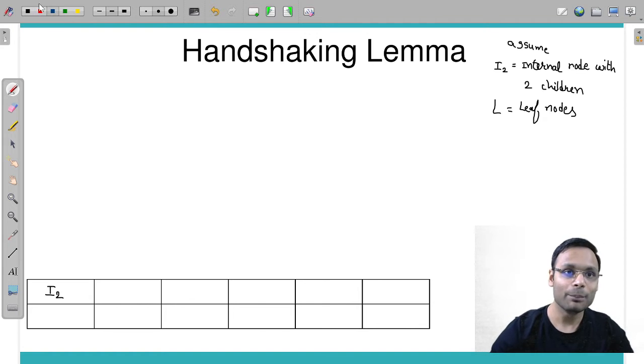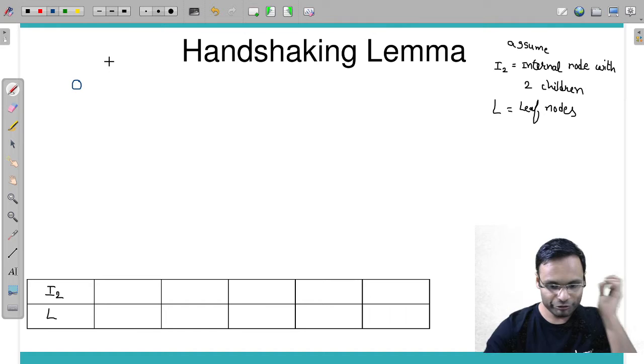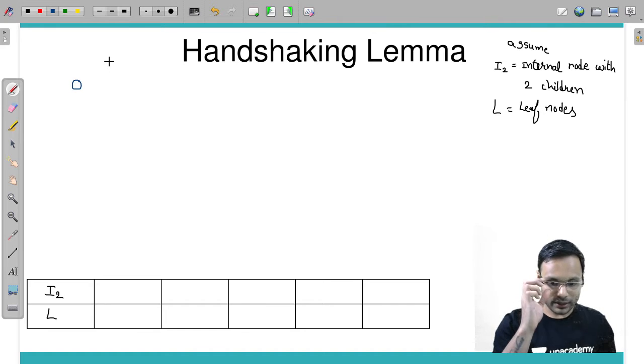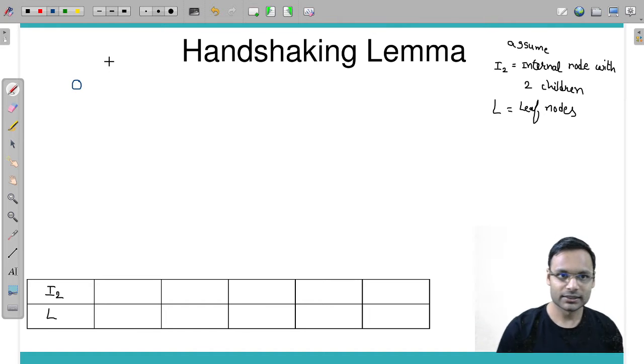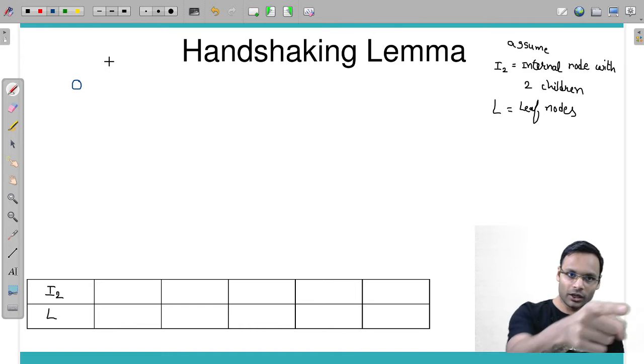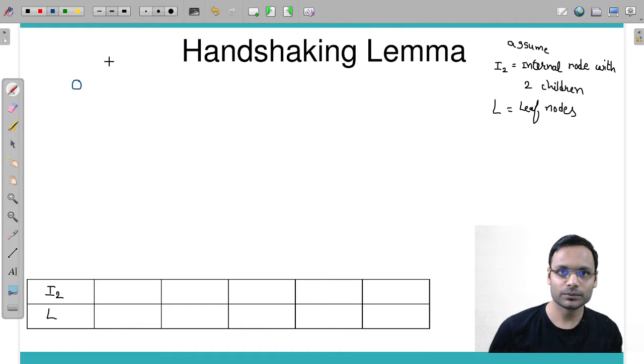Let's start with the base case, when we have a single node. If we have a single node, do we have any child of this node?